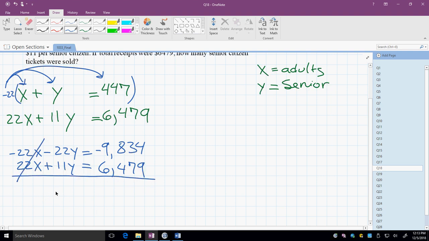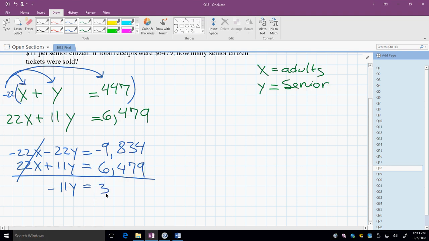Cancel x. Now I have negative 11y equals 9,834 minus 6,479.